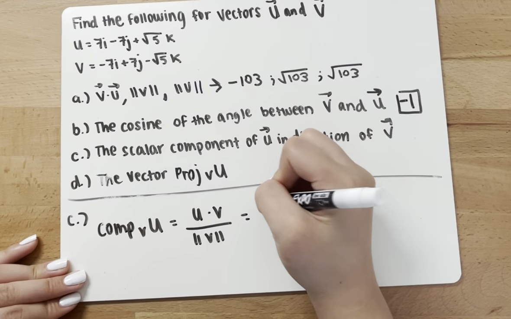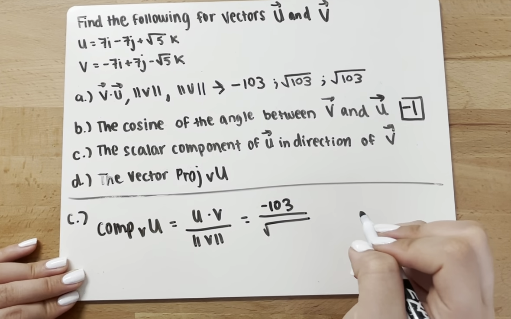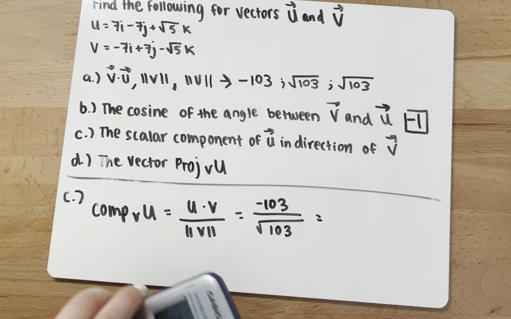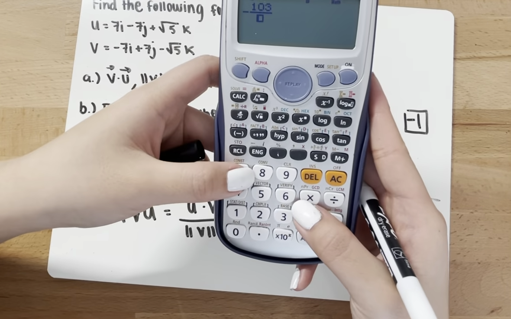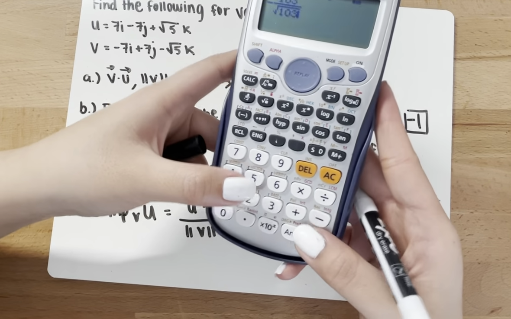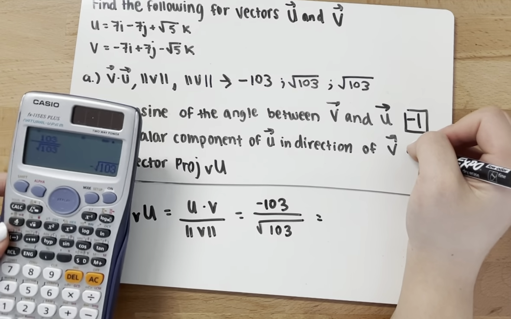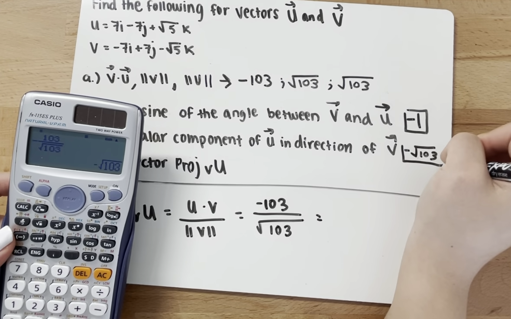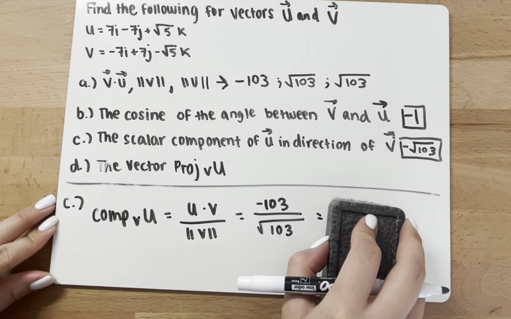So you get -103 over the magnitude of v, which is √103. So evaluate that, you get negative square root of 103. So negative square root of 103 is your scalar component of u in the direction of v.